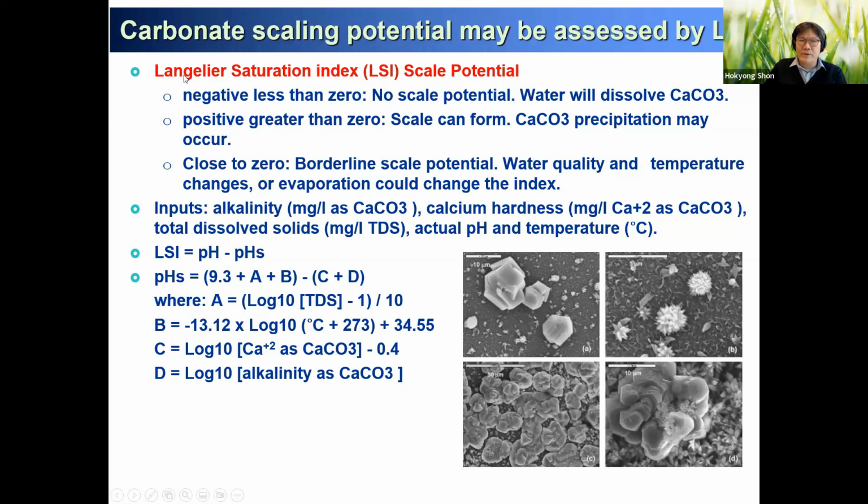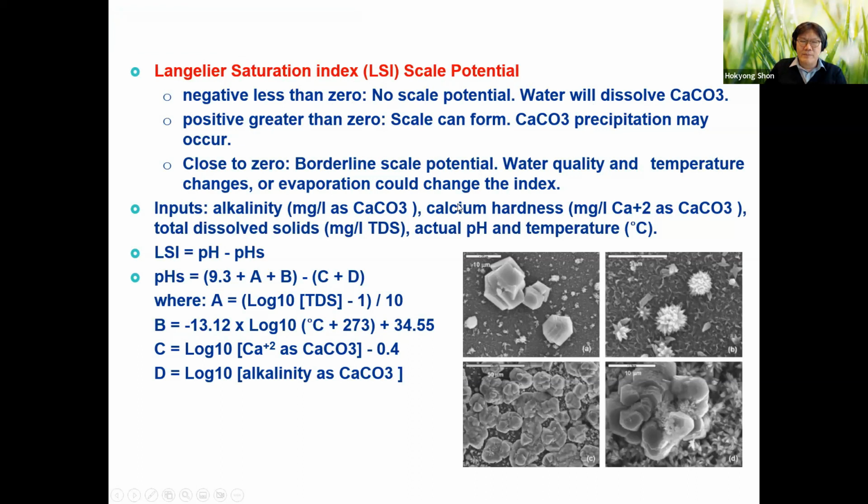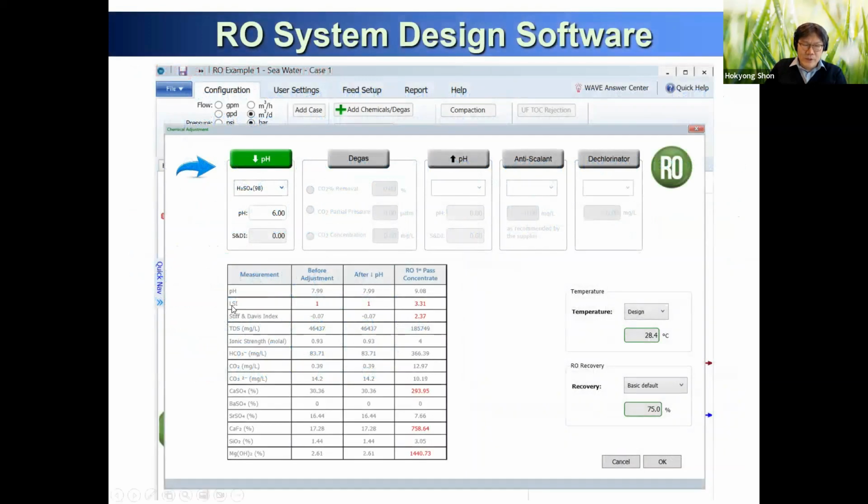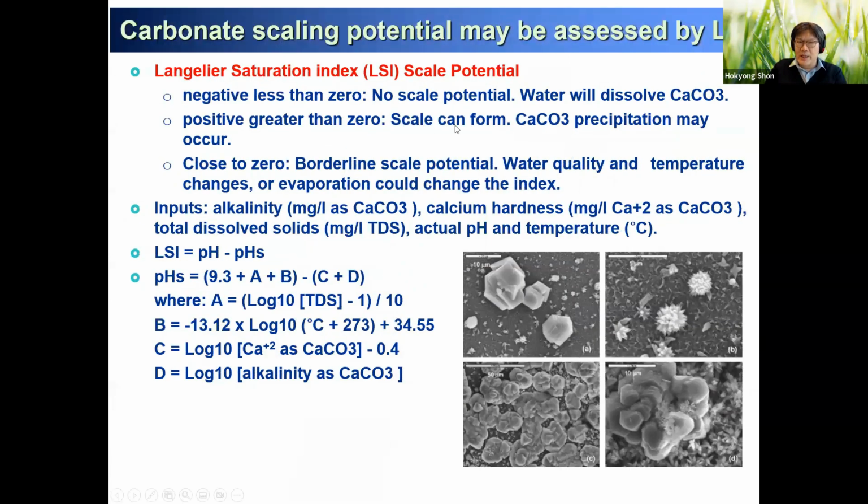So you have to make sure your LSI value, Langelier saturation index, because of the calcium carbonate, and calcium carbonate easily creates the problem. So you have to make LSI value negative. So you can see the LSI value is negative, and then this is the positive. So if possible, you can make it negative to reduce your overall scaling issue.